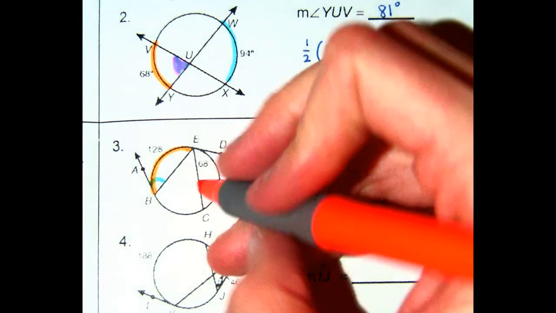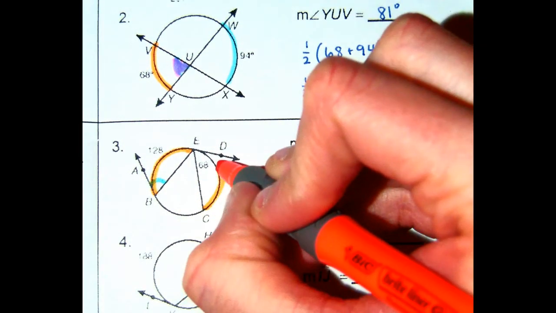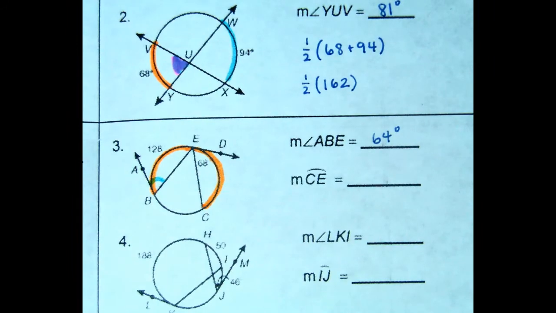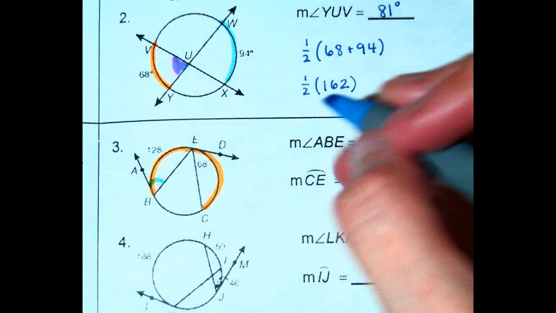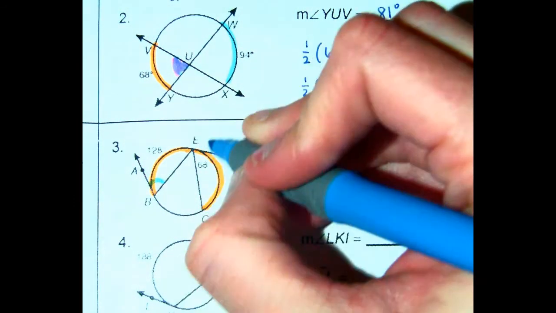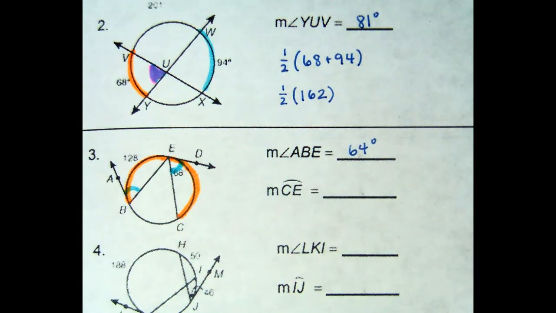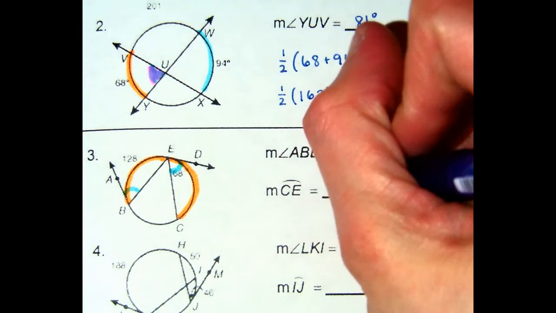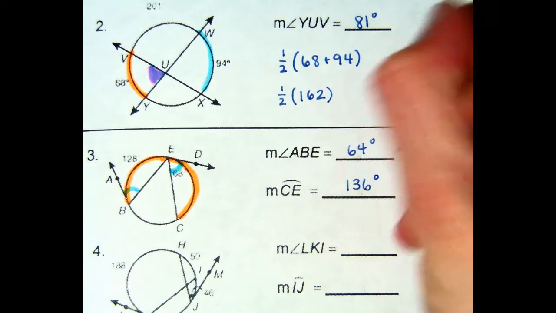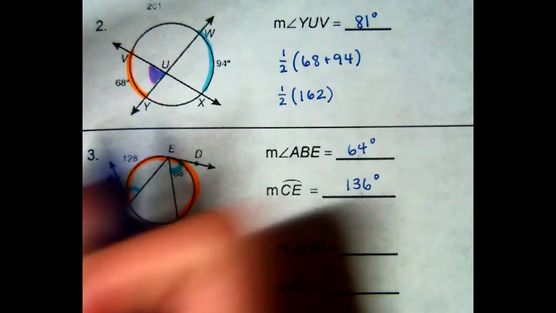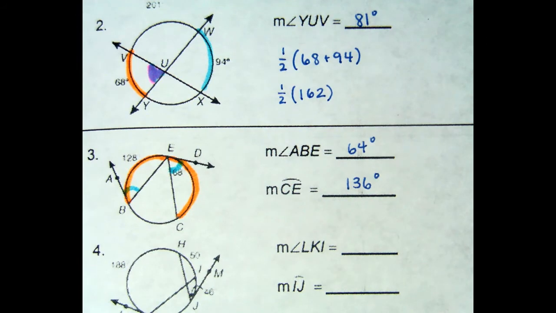The arc CE. C to E is equal to what compared to its angle? It's twice. What angle does it go with? 68, which is CED. What is 68 doubled? 136. Yeah, that is the same relationship as an inscribed angle.